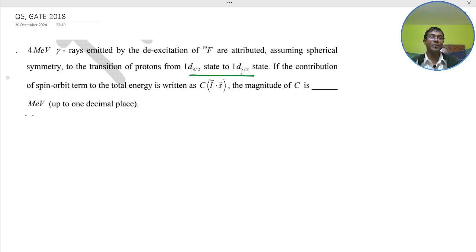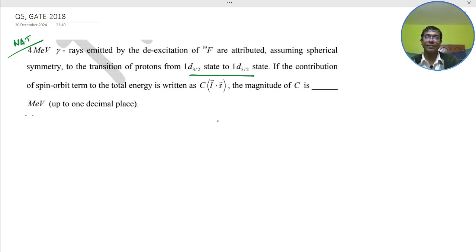If the contribution of spin orbit term to the total energy is written as C L dot S expectation, this is basically the C L dot S energy average. Here L dot S is written in terms of average value. The magnitude of C in mega electron volt is what? This is also a NET type question coming in GATE, 2 marks.